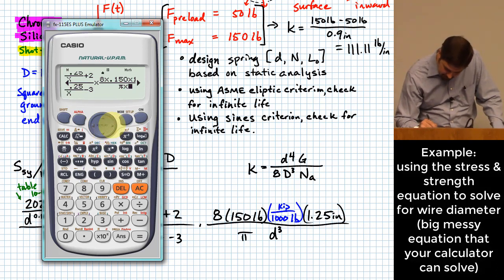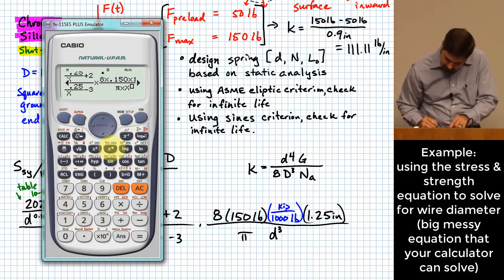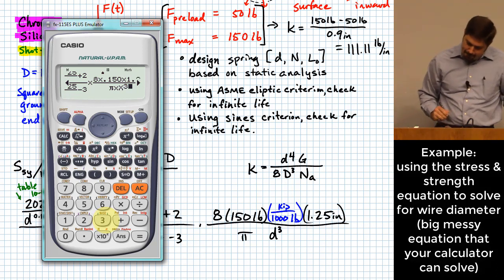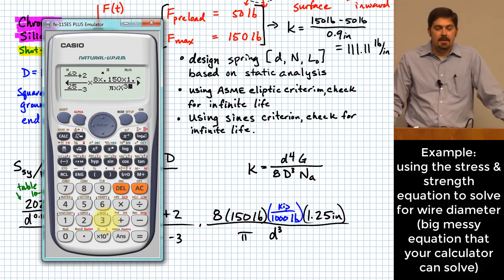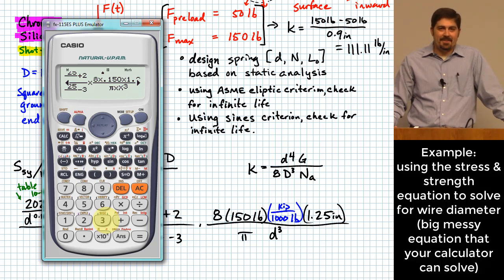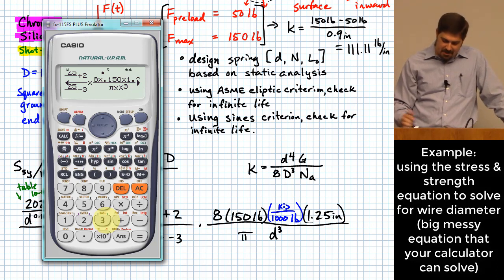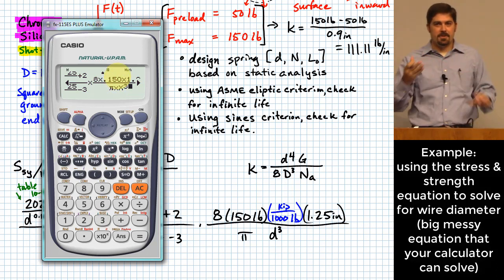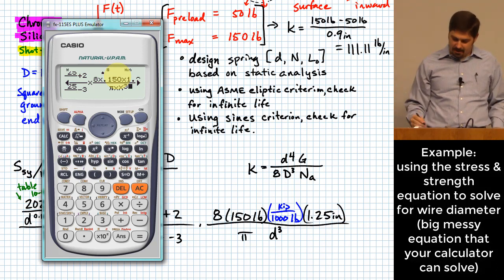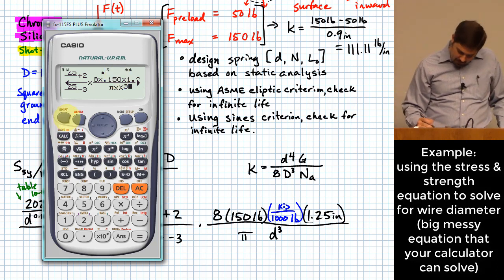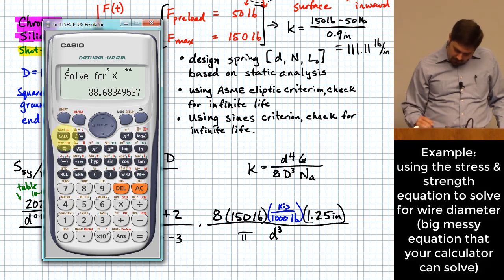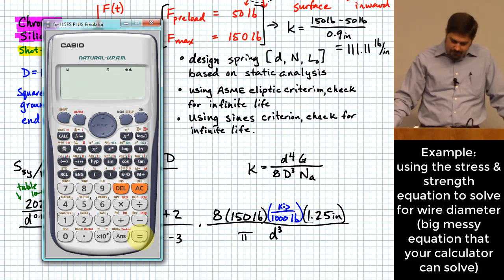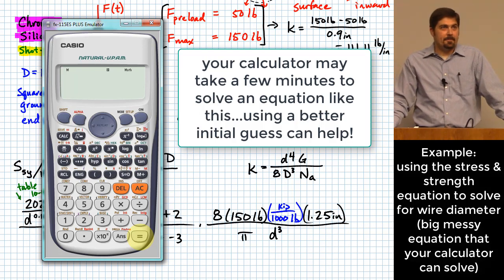And then down here, I need to go ahead and put my cubed term on there. Another thing is whenever you do the big bar for the divide by, that takes up more space than the slash. The suggestion is that sometimes using these fraction constructions rather than just putting in parentheses with a divide sign can take up more space. But anyway, you hit shift, solve for x, and pray. All right.